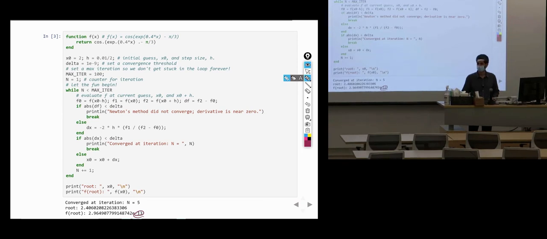This is several orders of magnitude smaller than the previous function. It's very close to the actual root. So Newton algorithm is still one of the best root finding algorithms that we have in numerical analysis. We use its optimization version later for vector valued functions.